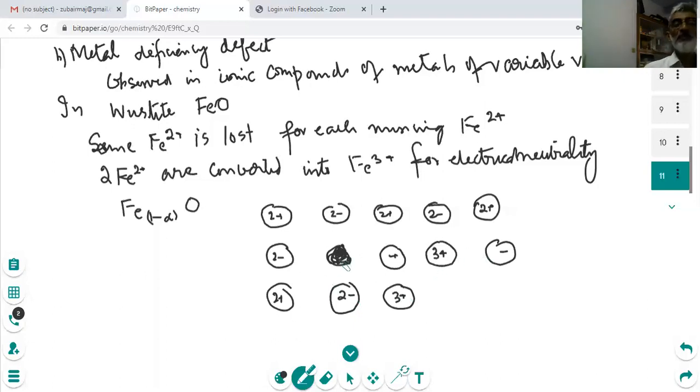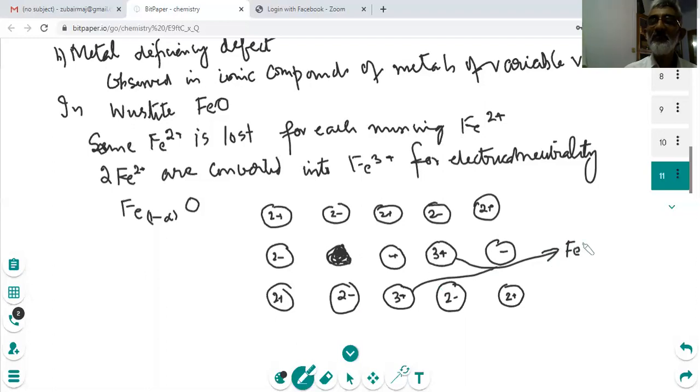So for each missing Fe2+, two Fe2+ have converted into Fe3+. So this is what has happened.